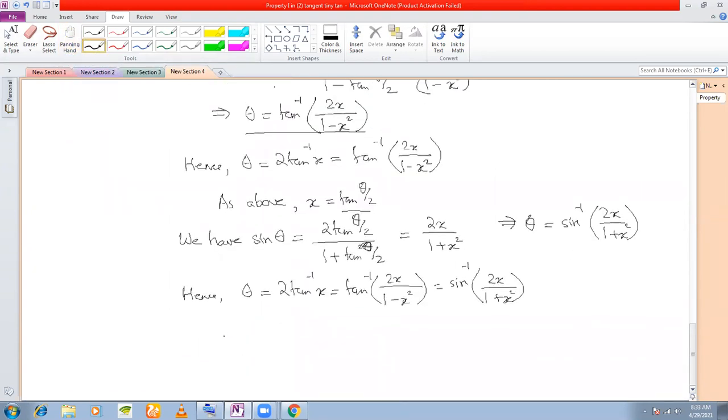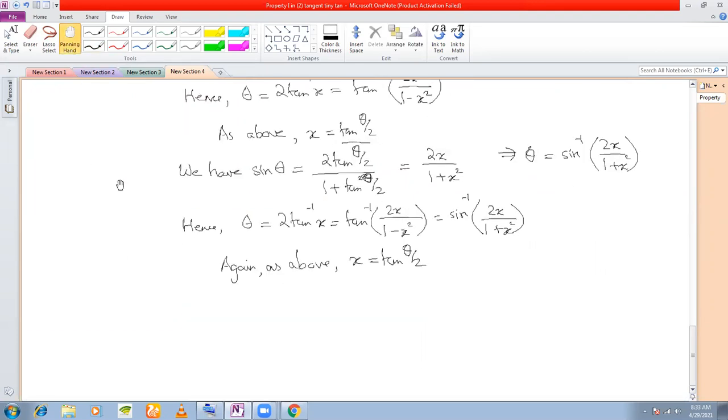So we write again, as above, x is equal to tan theta by 2. And remember, we have to convert this tan to a cos inverse. What multiple angle relates tan and cos? Which multiple angle relates 1 minus tan square theta by 1 plus tan square? Yes, exactly.